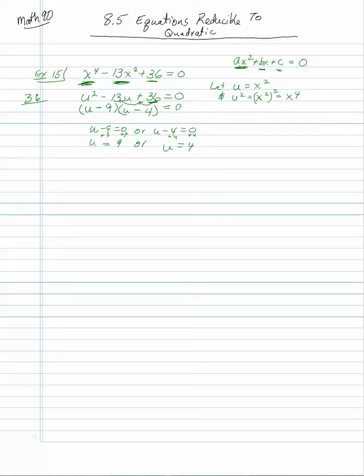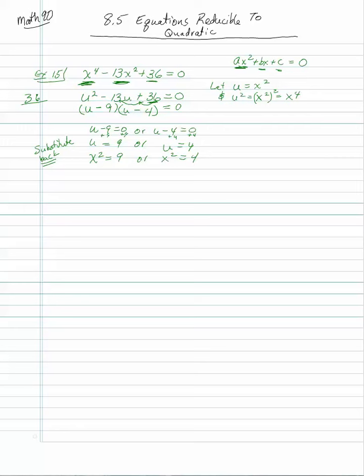But we're not solving for u, we're solving for x. So we need to substitute back. u is x squared. So x squared equals 9, x squared equals 4. And then we can use the square root principle.